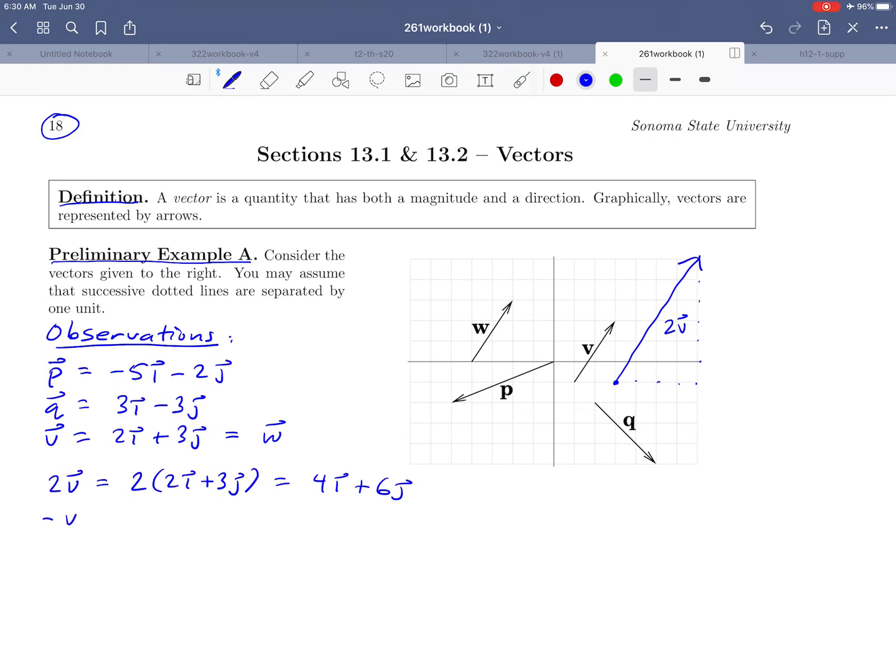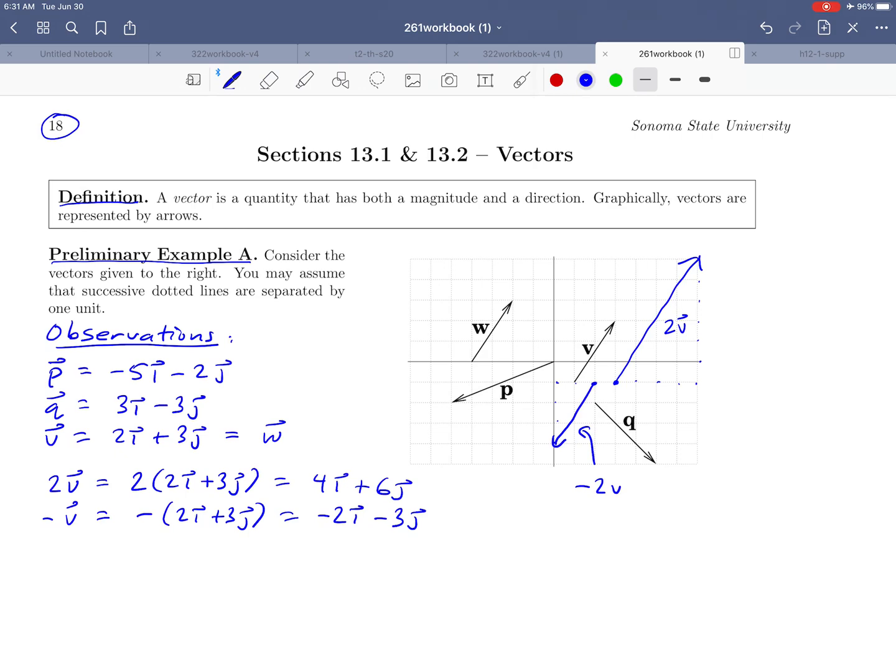What about negative v? Same idea. We just take a negative sign and negate those 2 coordinates. So we're going to wind up with negative 2i minus 3j. How would that vector look? Let's pick a starting point. If we go negative 2i minus 3j, that's going to take us down here.